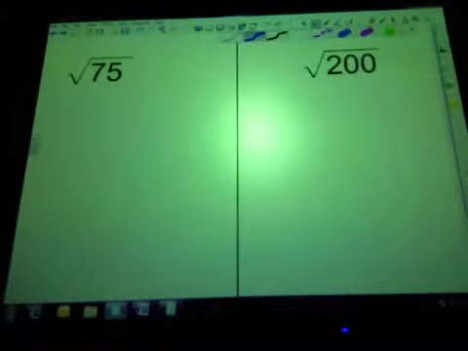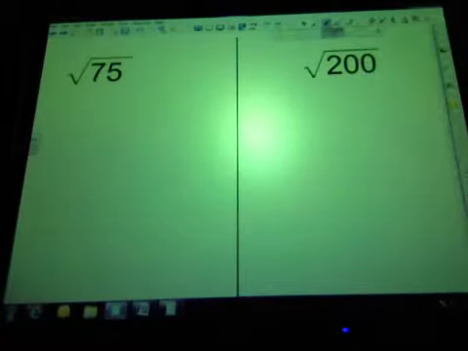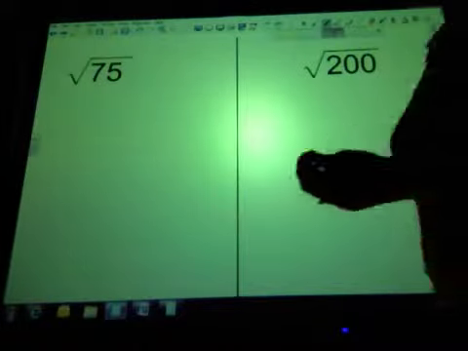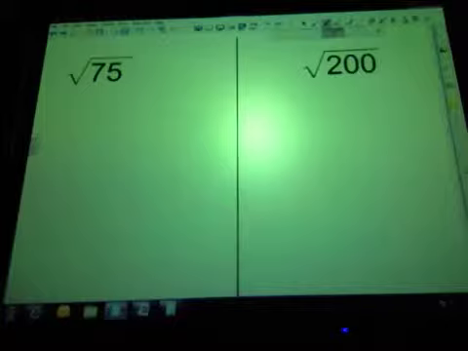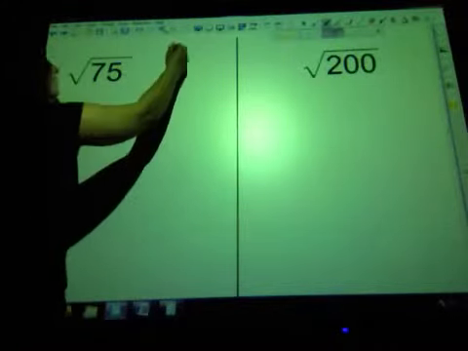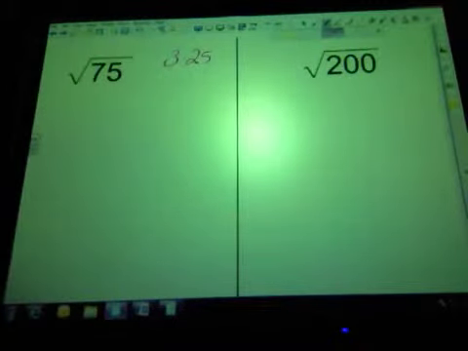So on this one we have square root of 75 and square root of 200. With the square root of 75, I want to think about what numbers I know that go into 75. Well, it's not an even number, so 2 doesn't go into it. Then I think, does 3 go into 75? Yeah, 3 times 25 is 75. Does 4?